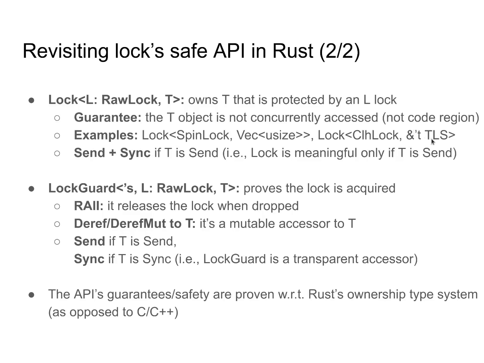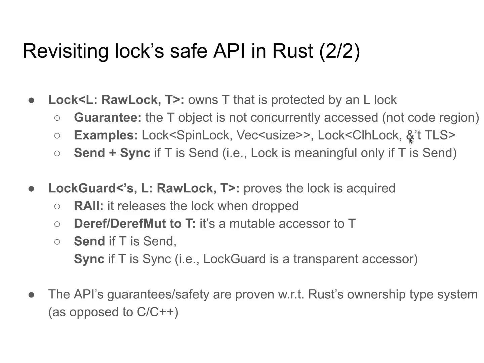This is very local. This data actually should not be sent to the other threads, but you can still protect it with the lock here, and you have to make sure that even though it is lock protected, because the underlying data is not Send and Sync, it cannot be accessed by the other threads.